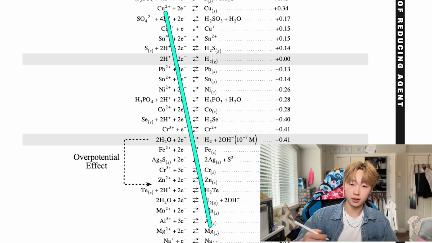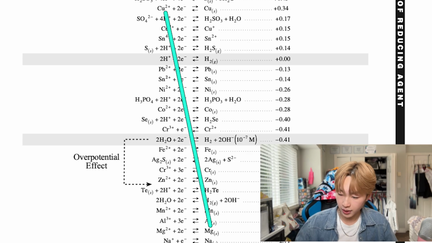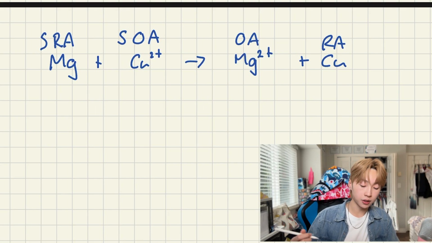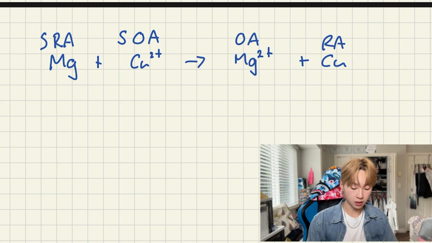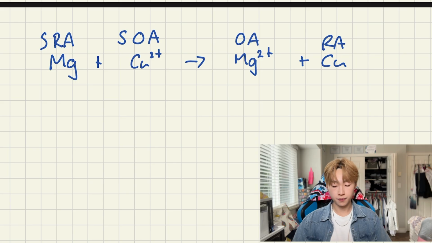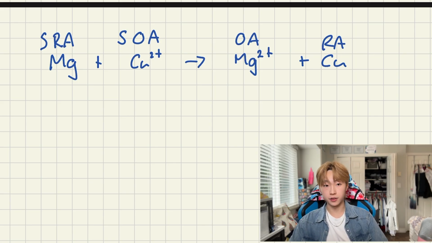I'll post a picture of the chart right here. As you can see, it is downhill, and they are downhill from each other, so this is going to be spontaneous. If they were uphill, then it would be non-spontaneous, meaning you'd have to put in energy for it to proceed.